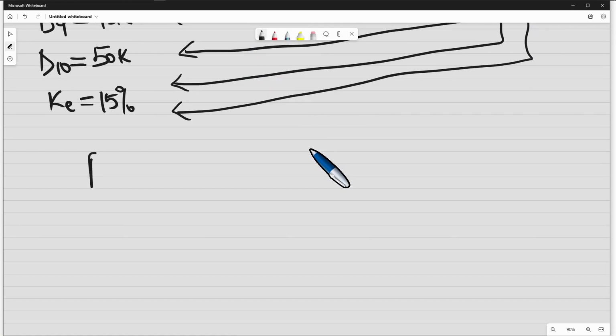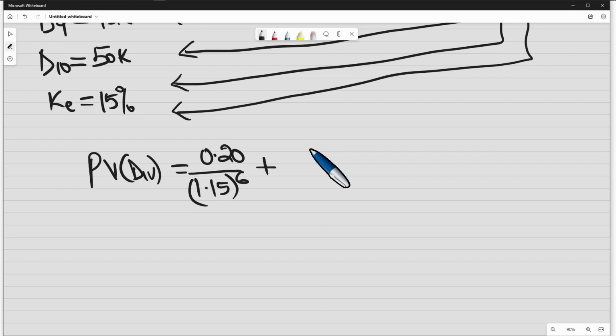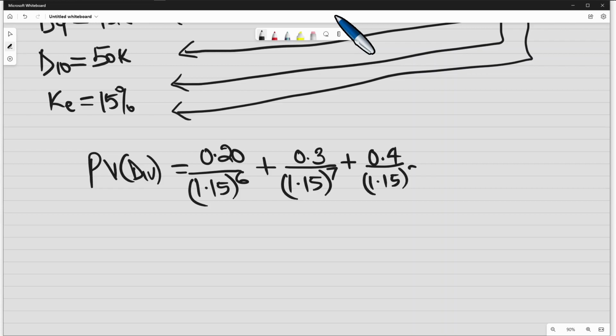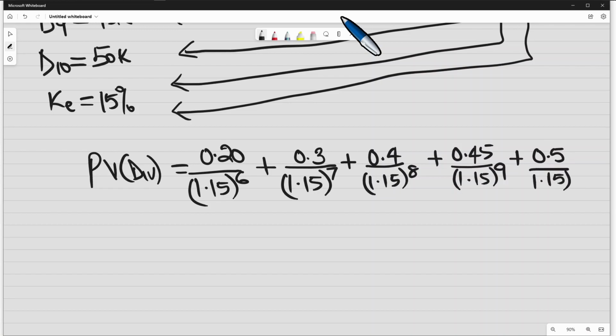So the present value of dividend is equal to, the first dividend is 20 kobo, that is 0.2, divided by 1.15 to the power 6, plus 30 kobo over 1.15 year 7, 40 kobo over 1.15 year 8, 45 kobo over 1.15 year 9, 50 kobo over 1.15 year 10.